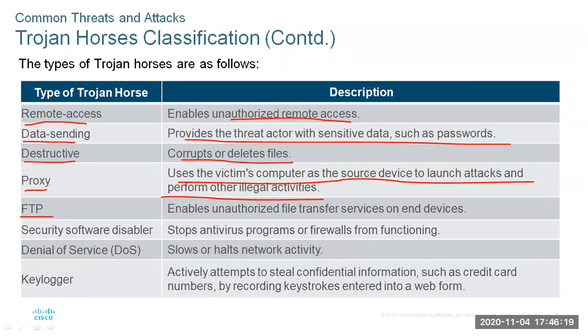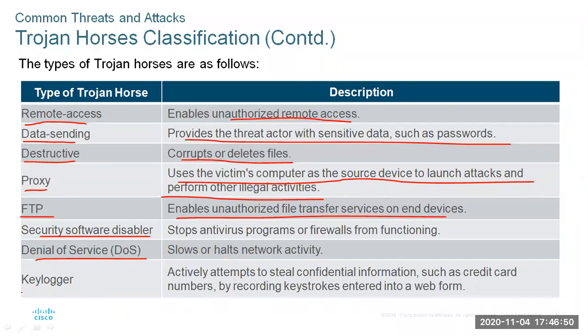We have the FTP Trojan that enables unauthorized file transfer services on end devices. We also have the security software disabler, okay, and that stops antivirus programs or firewalls from functioning on your system. All right, we also have the denial of service, the DoS Trojan, which slows or halts network activity.